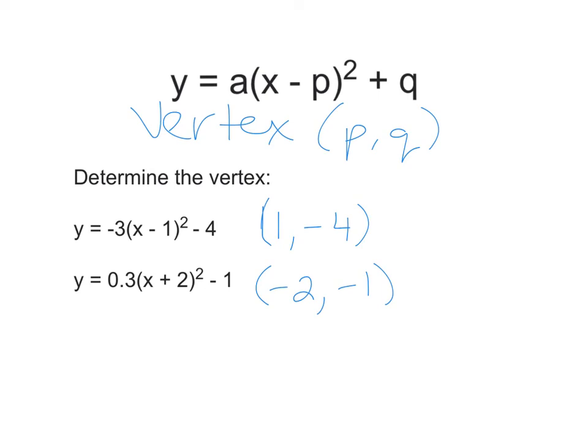I could ask you what the axis of symmetry is. I could ask you the maximum or minimum value. I could ask you the domain or range. And you should be able to tell me all of those things from just looking at the equation now. Because once you know the vertex and the direction of the opening, then you can figure out all those other things.